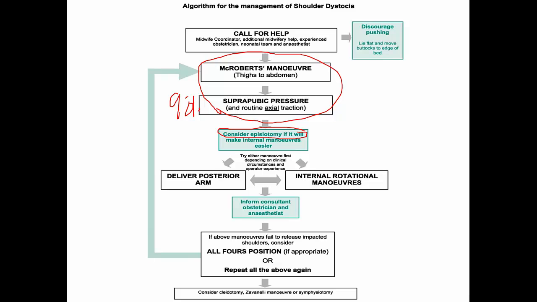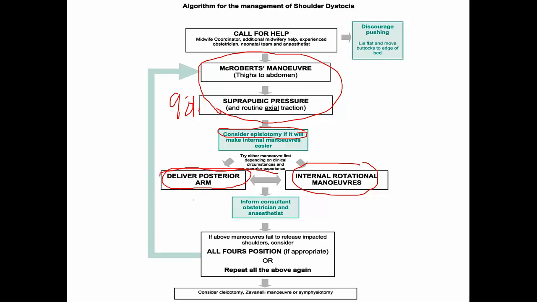Then do the internal maneuver. The internal maneuvers are Rubin 2 and wood screw and reverse wood screw. We'll discuss them later separately. After the internal or rotation maneuver, you can do delivery of the posterior arm.